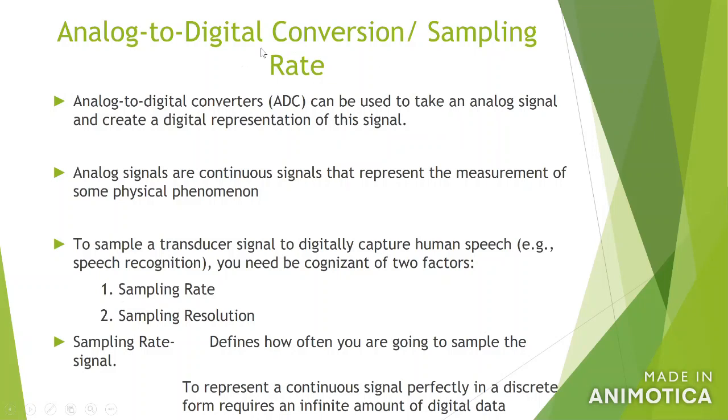Another very important device for circuits is analog to digital conversion. It's called ADC. If you search ADC, you will find that ADC actually is very important. And also we have DAC. DAC means digital to analog conversion. So why do we want to do this?